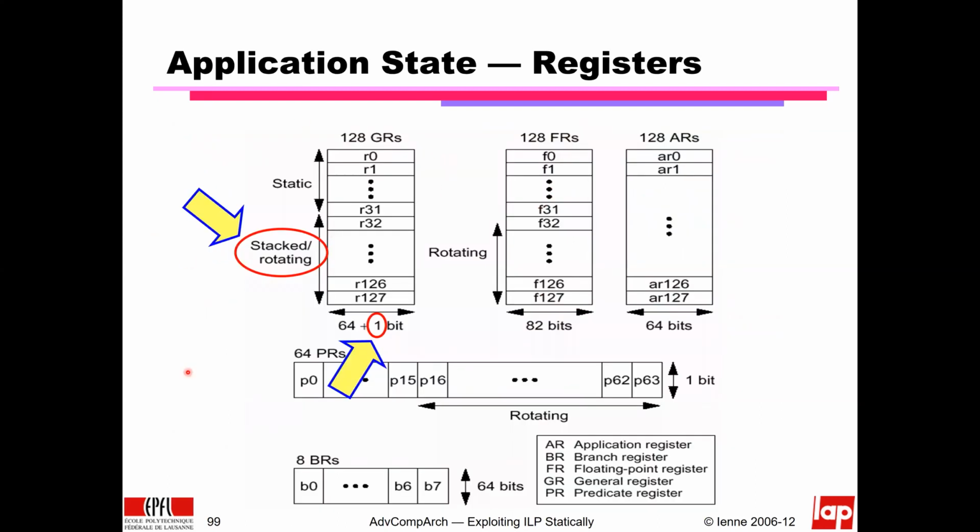Here you have the list of all the registers, and you see one thing that we expect here, which is this additional bit. You see here also something else that I mentioned before already, both for the floating point and the general registers, the fact that there are 128, which is a very big number compared to practically any other processors, including the hidden renaming registers that often you have in other architectures.